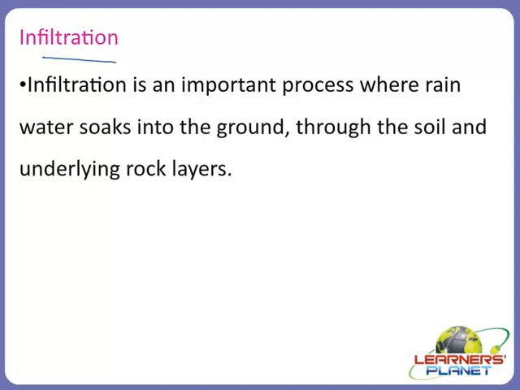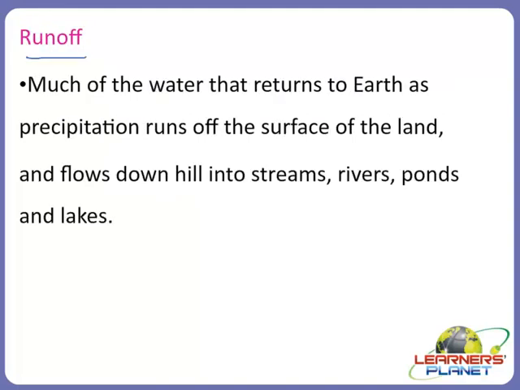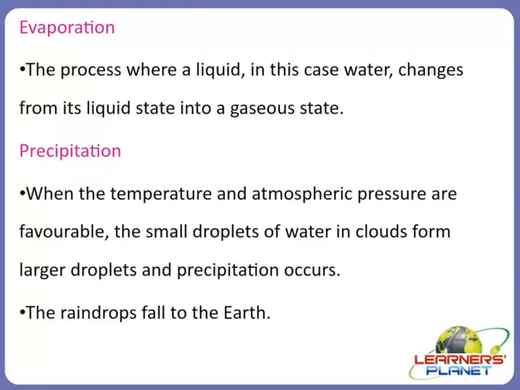Infiltration is an important process where rainwater soaks into the ground through the soil and underlying rock layers. Then runoff is the process in which much of the water that falls to earth as precipitation runs off the surface of the land and flows downhill into streams, rivers, ponds, lakes, etc. Then comes evaporation, the process where a liquid, in this case water, changes from its liquid state into a gaseous state.